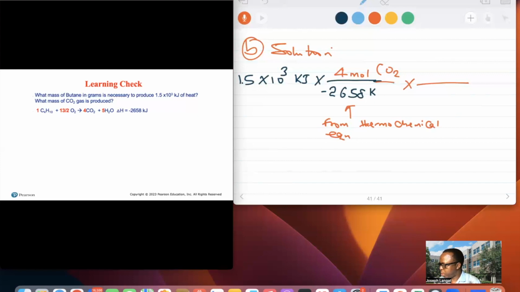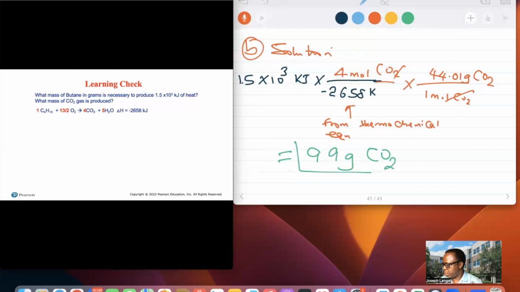And then the molar mass of CO2 is 44.01 grams of CO2. Cancel that and we have that. So in total, this will be 99 grams of CO2.